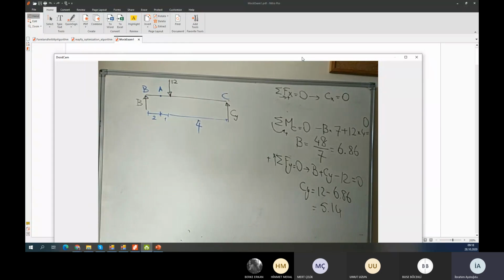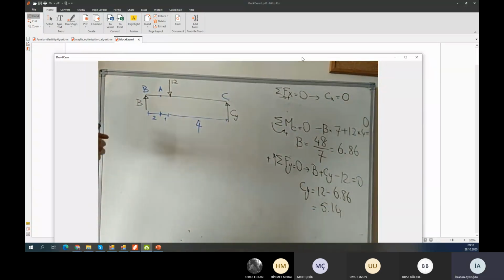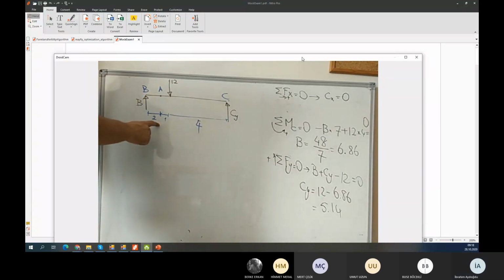This is a long way. A shortcut is something you may remember from high school. This moment arm is 4, this moment arm is 3. Okay, total is 7.